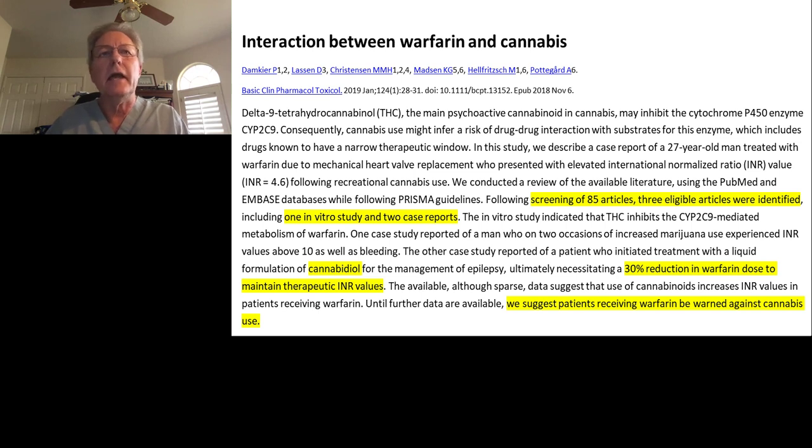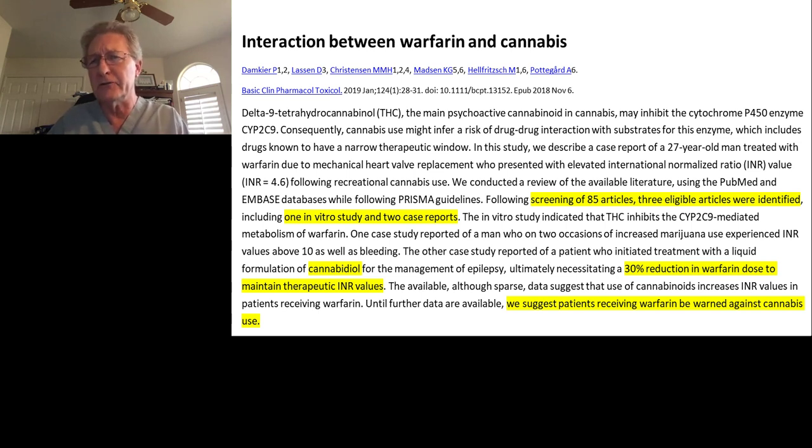The second case study was looking at CBD used for the treatment of epilepsy, and what they found is that it required a 30% reduction in the dose of warfarin in order to maintain healthy therapeutic levels in that particular patient. And again, a lot of this stuff will ultimately distill down into the genetics of those individuals and why they happen to be more sensitive than others.